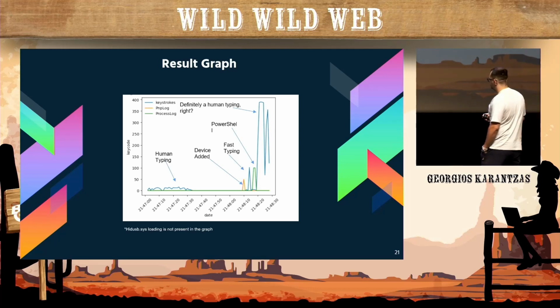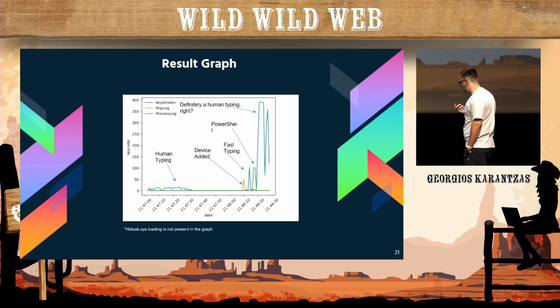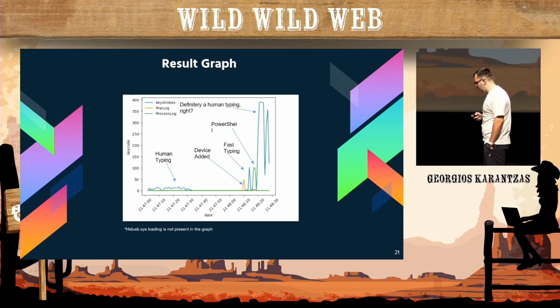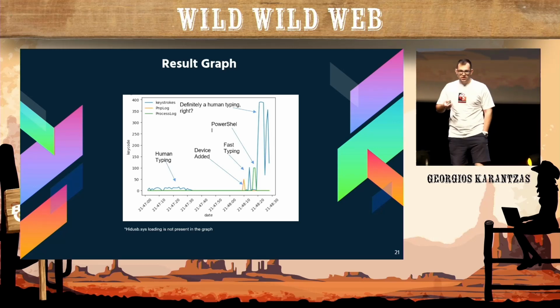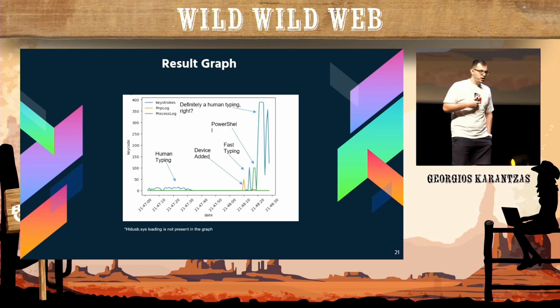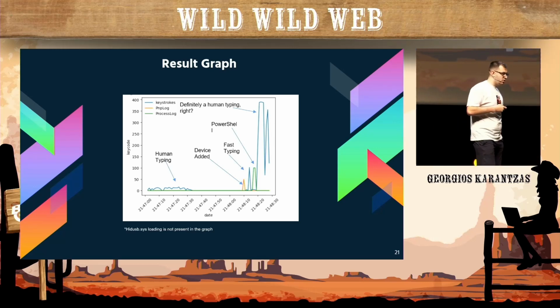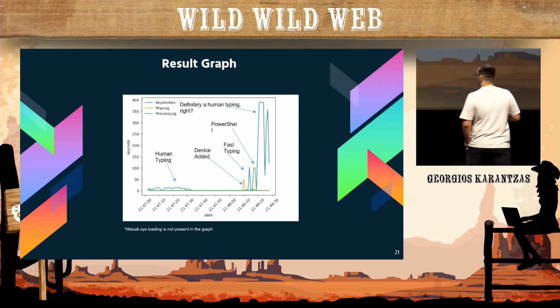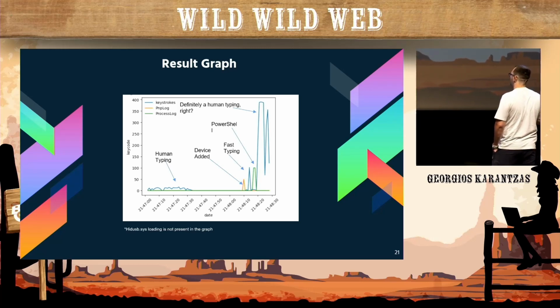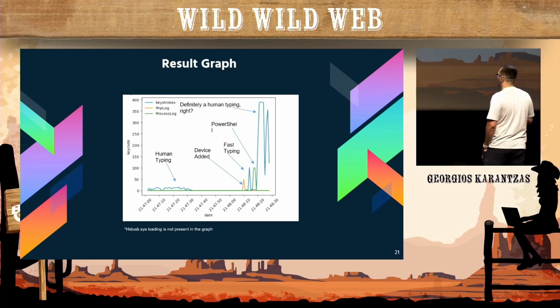And here is what we would get in a graph, because, you know, an experienced forensic analyst would have no problem sorting out these logs. But we're human. We like something more friendly towards our cognitive capabilities, and something that will help us have a clear view. So what you see here is normal human typing.